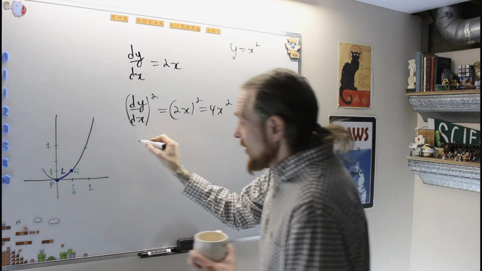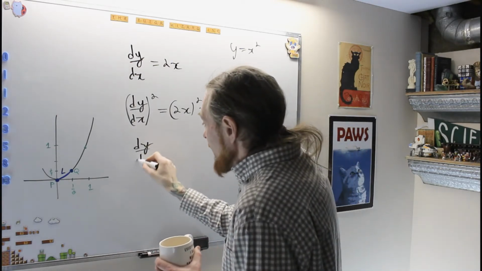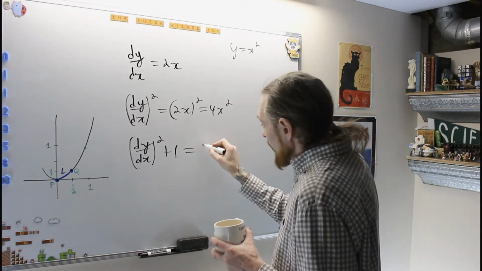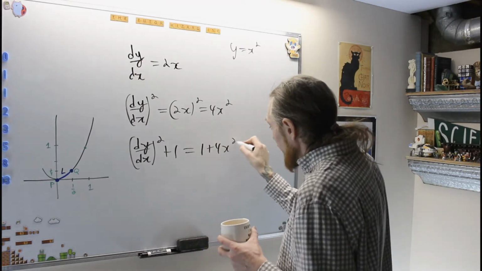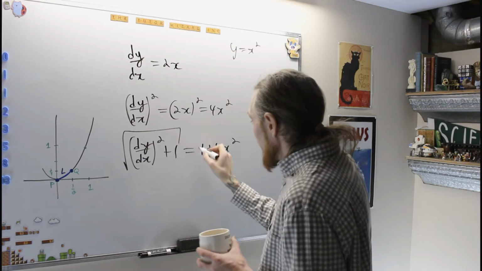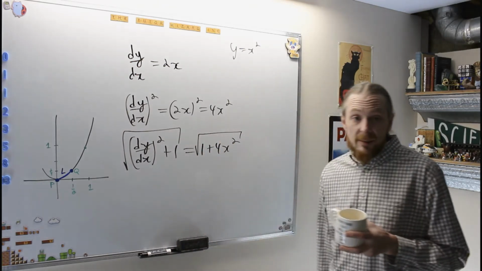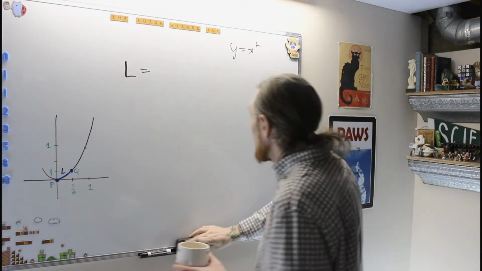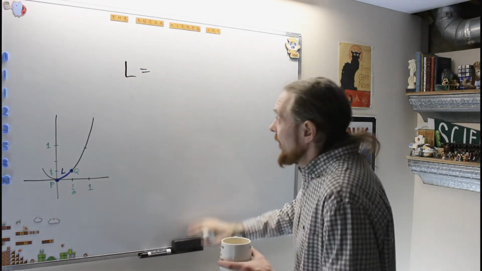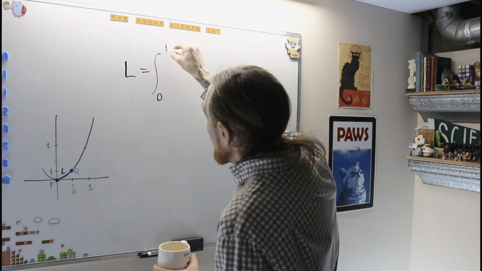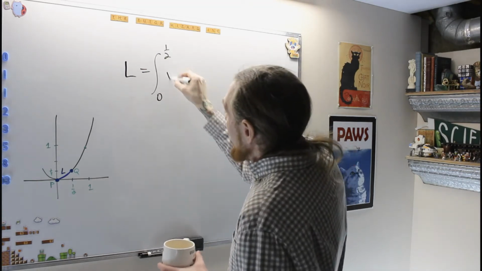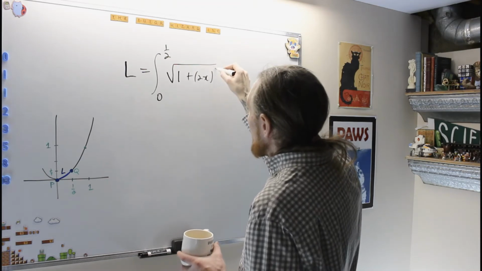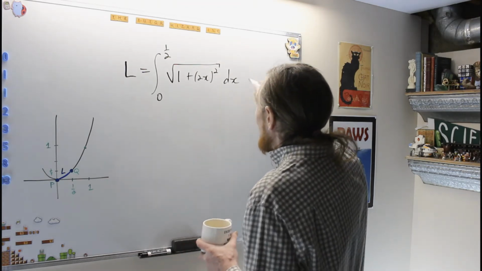Then I need 1. (dy/dx) squared plus 1 is equal to 1 plus 4x squared. We can't simplify that in this case. We're going to have to use some other clever technique. Now that I have that, the length of the arc is equal to the integral from 0 to 1/2 of the square root of 1 plus (2x) squared dx.